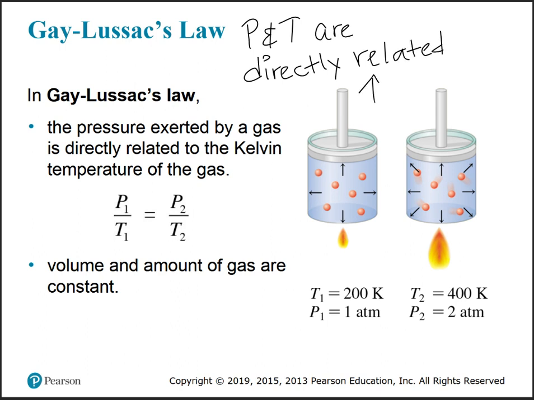When you increase the pressure, you increase the temperature, and vice versa. That's, of course, assuming that the volume of gas and the amount of gas are remaining constant. So we're only looking at two variables, keeping all the others the same.